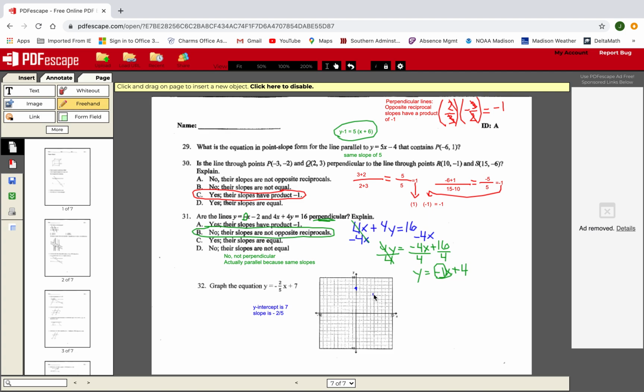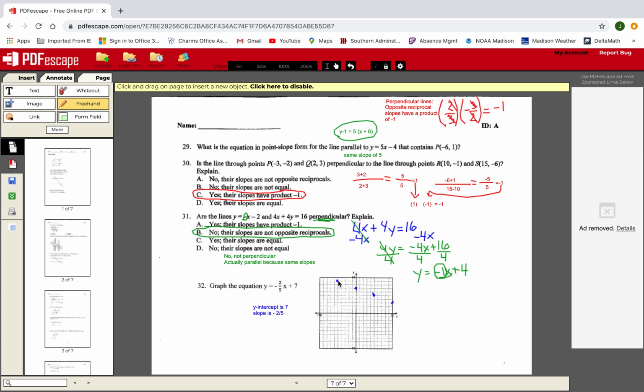I'm putting another point right here. Sorry, it's not perfect. And then I'm going to go down 2 again and over 1, 2, 3, 4, 5. Put right here. And if you have -2/5, you could also go up 2 and 5 to the left. So let's do that also.